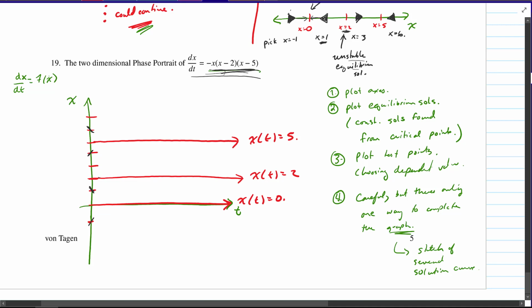So here's this solution curve right here. Oops, I'm sorry, I've got that backwards, folks. Let's try that again. Oh, no, I had that right. So here's that solution curve right there. Now notice that this is some solution curve. You could call it just some x of t. But look at how it behaves.